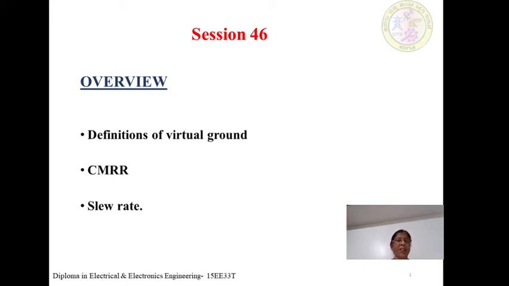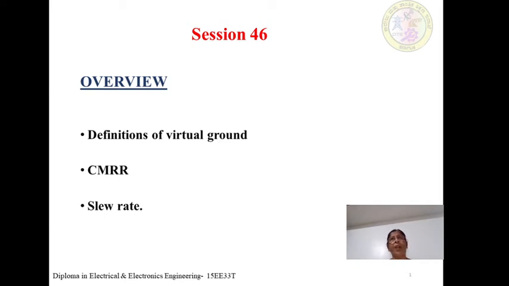So what is a differential amplifier? This differential amplifier is a circuit which can accept 2 input signals. Those input signals are V1 and V2, and the output is the difference between the 2 inputs.